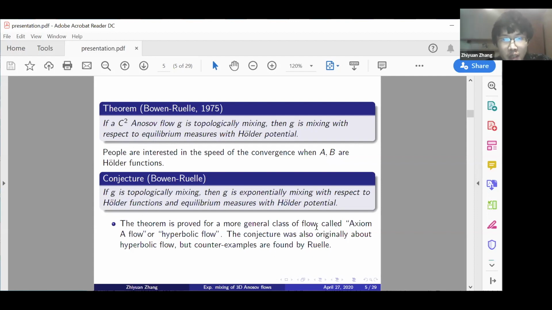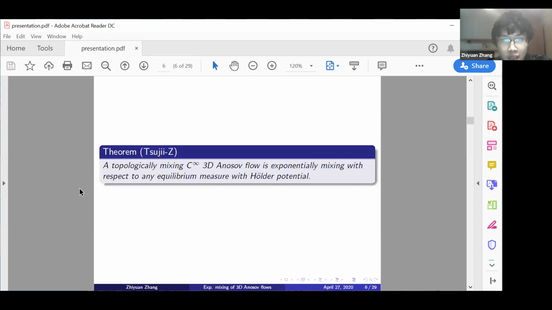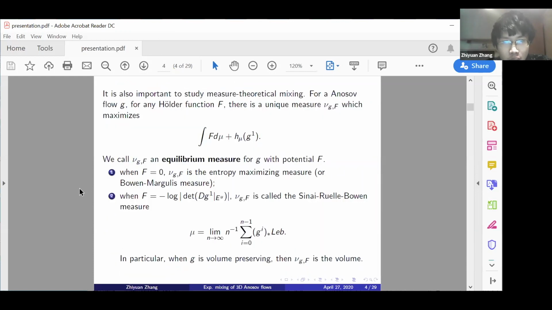They proved in the paper that the same thing holds for so-called Axiom A flows or hyperbolic flows. And then they asked whether or not this speed of mixing can be exponentially fast.